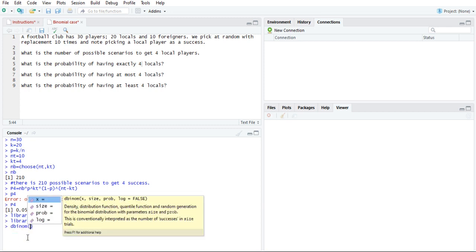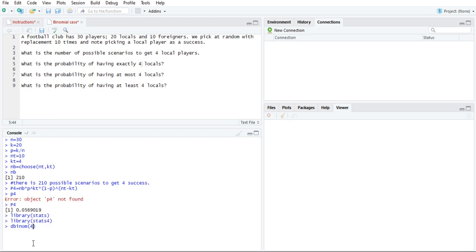So dbinom, the target is kt, the size nt, and the probability is p. So we call it p42. So p42 is 5.6%, the same as this one.